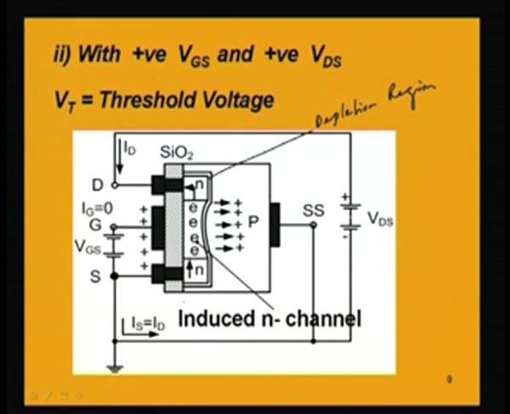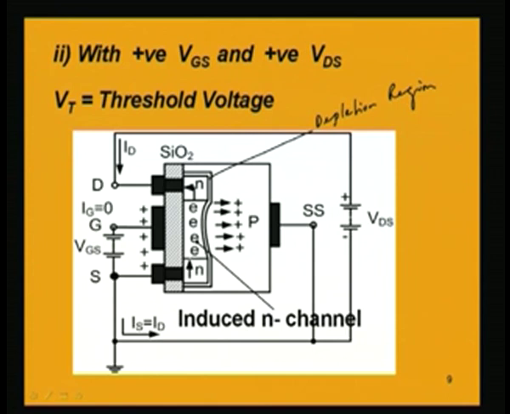Now, the electrons which are attracted by this positive terminal will be coming towards the insulator material, and because of the presence of these electrons in the length between the two n-type semiconductors, an n channel is induced.